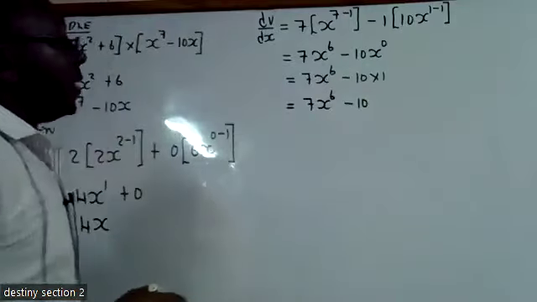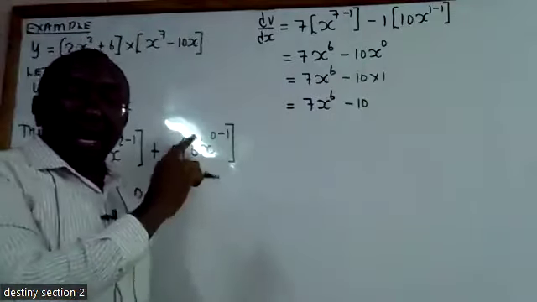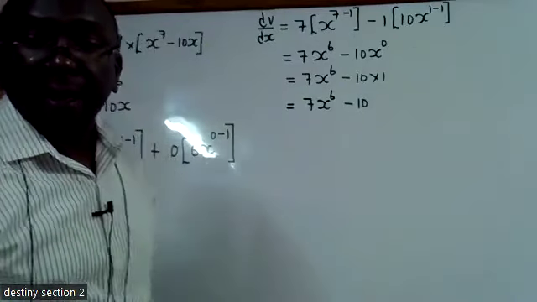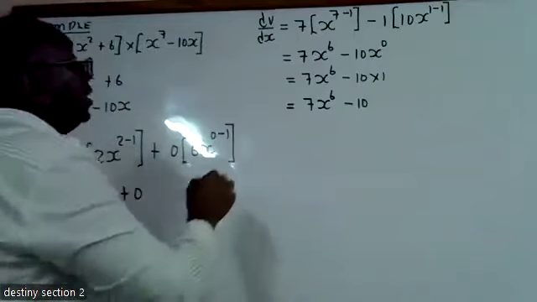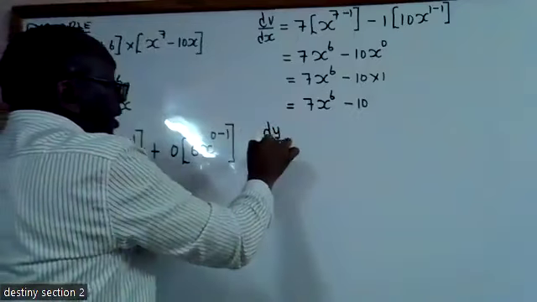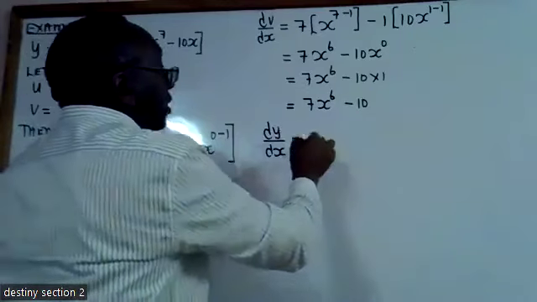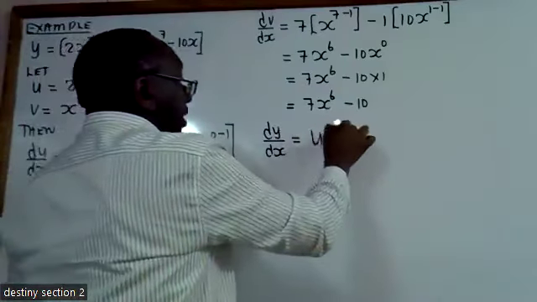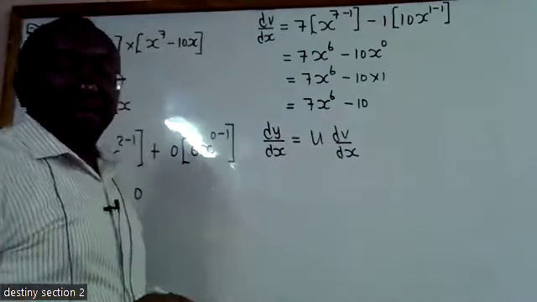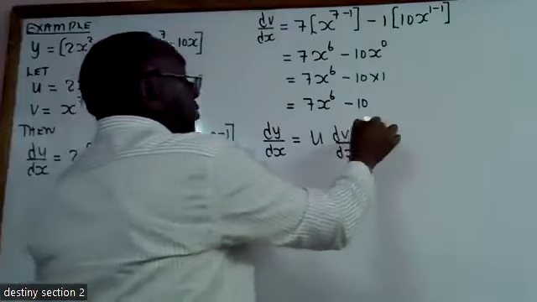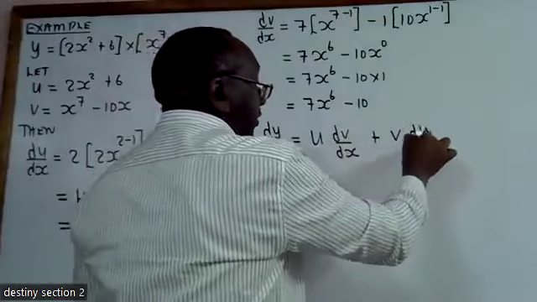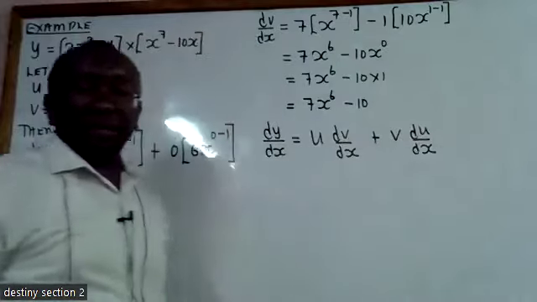So if we go to our product rule, okay, Benedict, the rule now will be dy/dx will be u multiplied by dv/dx, plus v du/dx. That is the rule that we had stated.